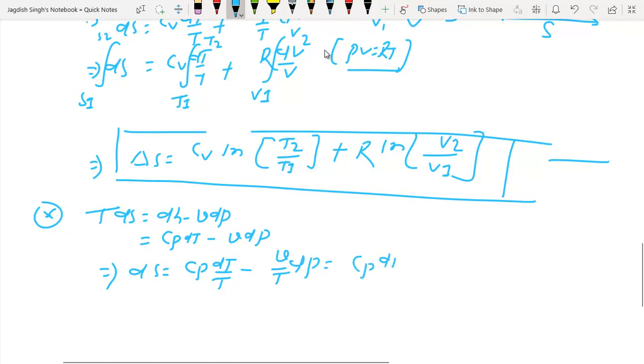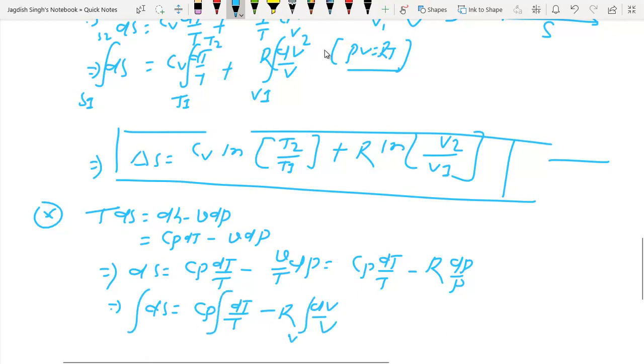What is V by T? R by P. This implies dS is equal to Cp dT by T minus R dP by P. We have to integrate this one. When the state is V1, temperature is T1 and entropy is S1. When it is V2, temperature is T2, entropy is S2.